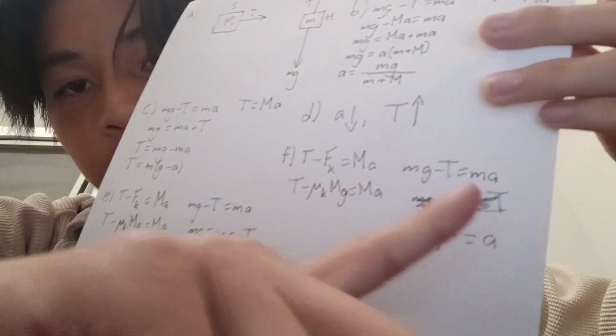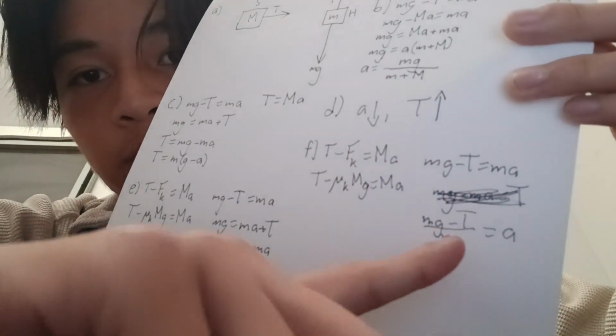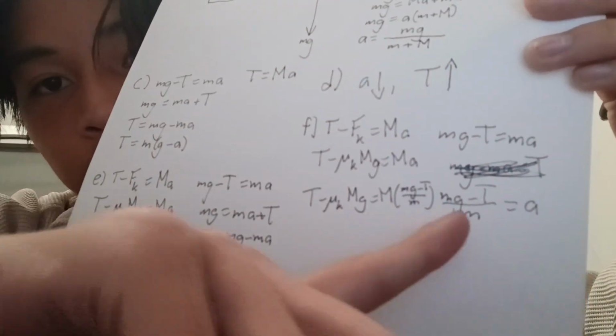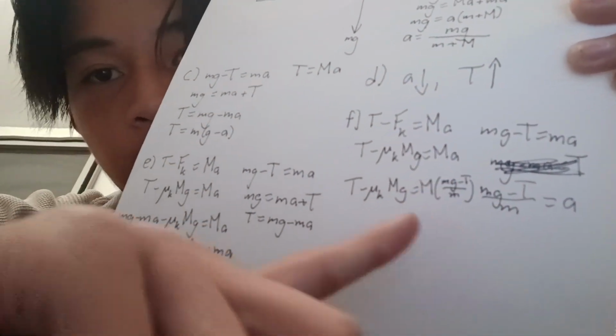Right, so just divide both sides by m, and then put that in for a here. Like that, and then just simplify all this stuff.